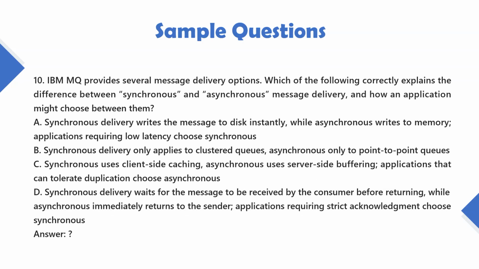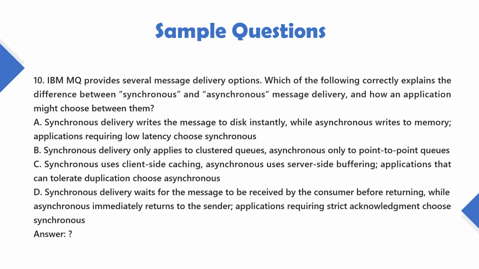10. IBM MQ provides several message delivery options. Which of the following correctly explains the difference between synchronous and asynchronous message delivery, and how an application might choose between them? A. Synchronous delivery writes the message to disk instantly, while asynchronous writes to memory. Applications requiring low latency choose synchronous.